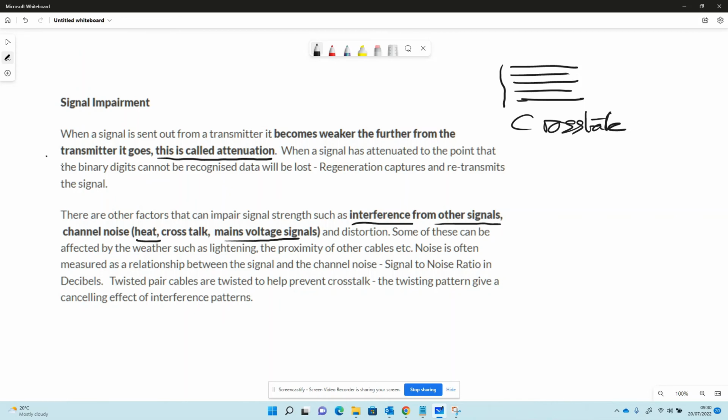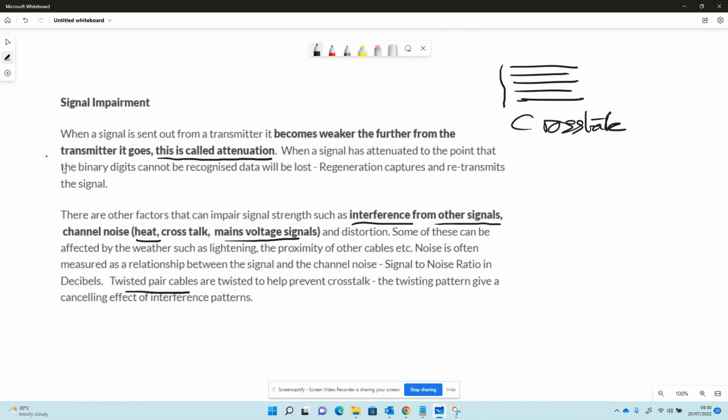You can get distortion caused by all sorts of other things: weather, other cables, proximity, microwave ovens perhaps, anything that could potentially interfere with the signal.